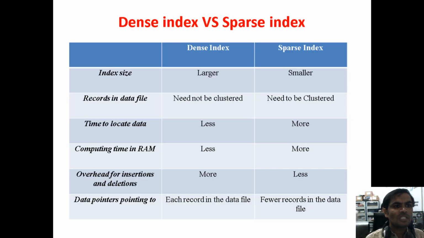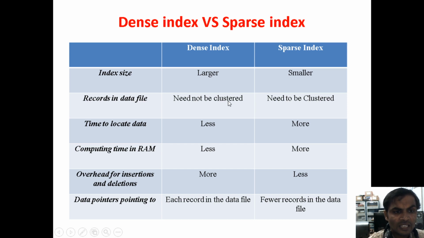Now if you want to see the difference between the dense index and the sparse index: under the dense index the index size is larger. Coming to the sparse index, the index size is smaller. The records in the table, when compared to the dense index, are not clustered.